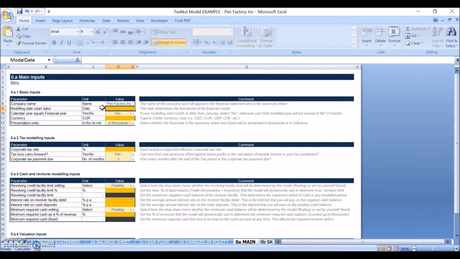And you probably noticed that there are different colors for these cells and that they are changing. That's something that we talked about in a previous video. So this light yellow background of the cell indicates that it is a cell where certain data input should be populated.